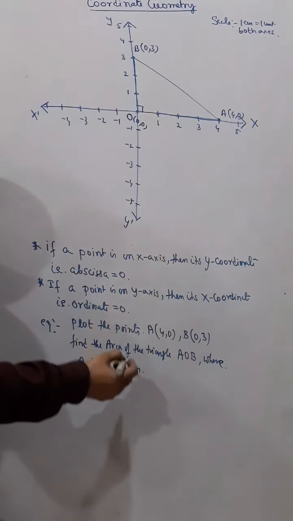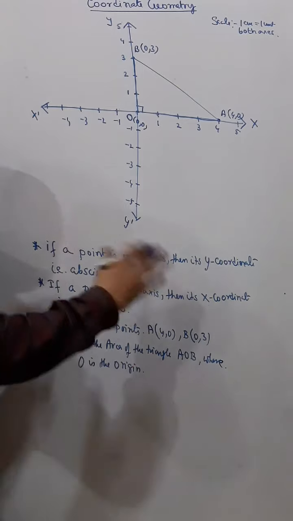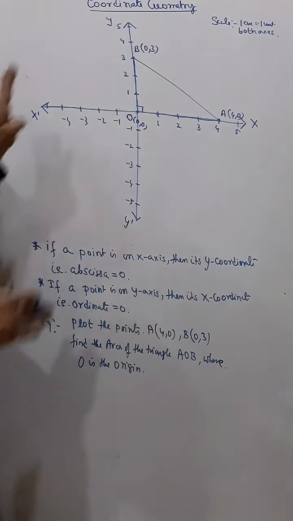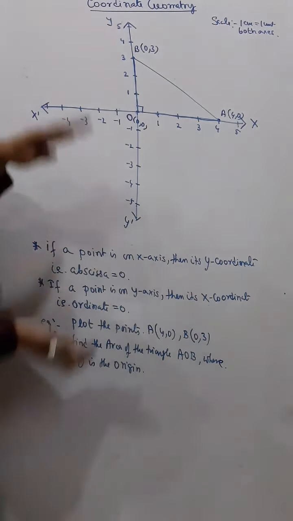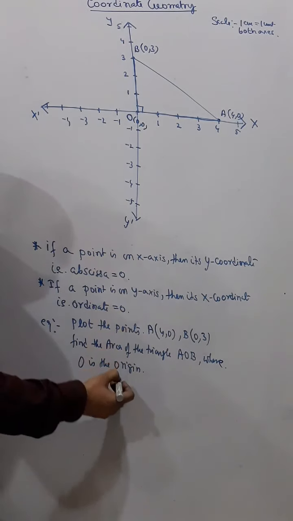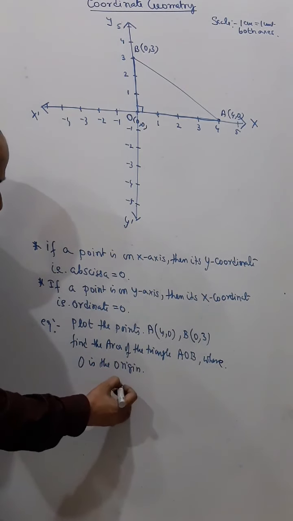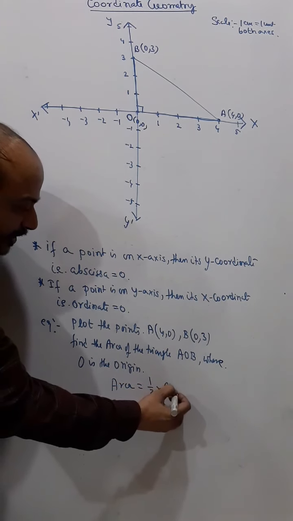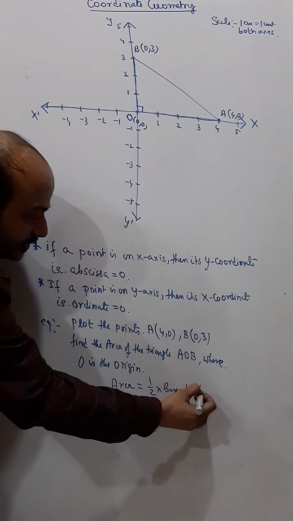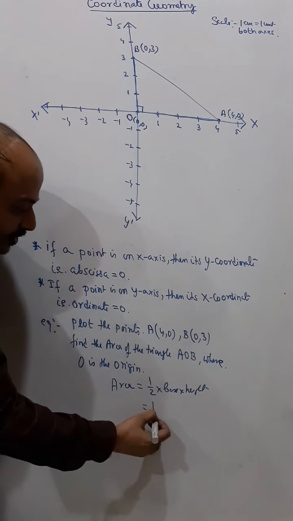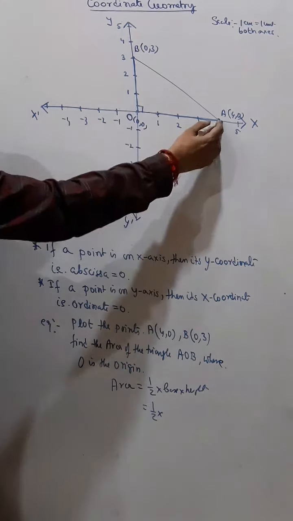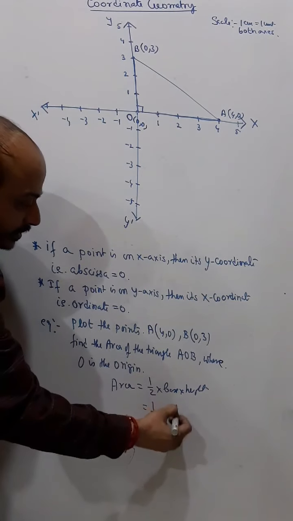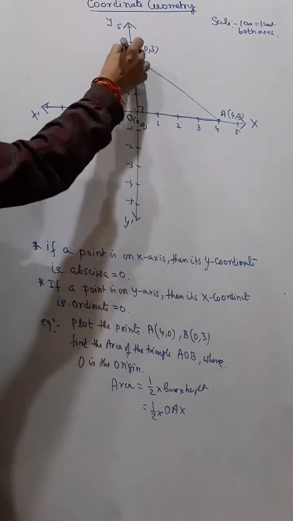In a graph copy, on one side you have the graph part and on the other side you have a single line page. So in the single line page you have to solve that. You'll write area. You know, area of a triangle is half into base into height. So that actually means half into OA into OB.